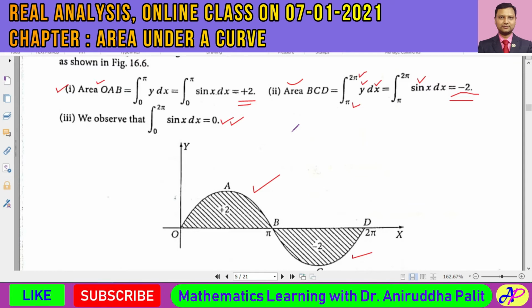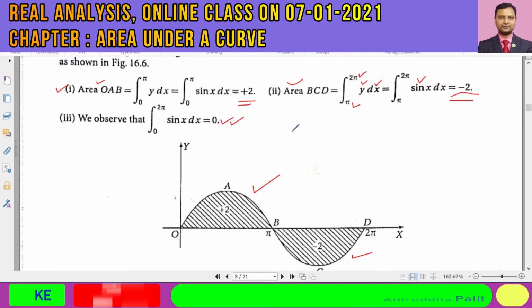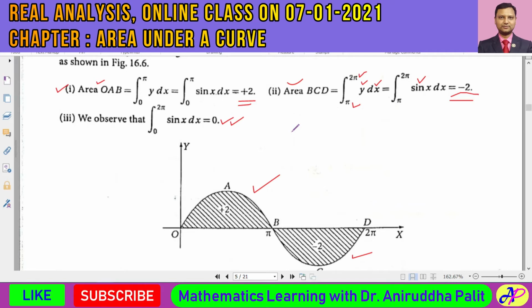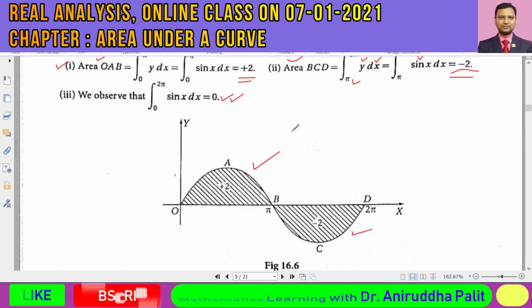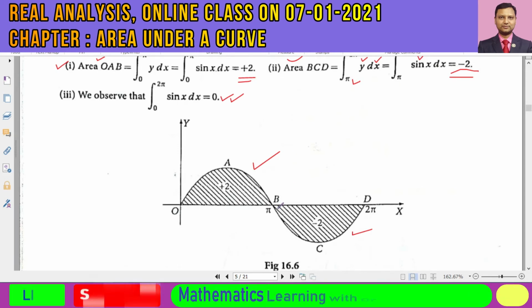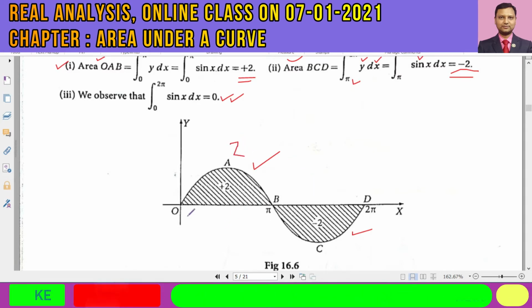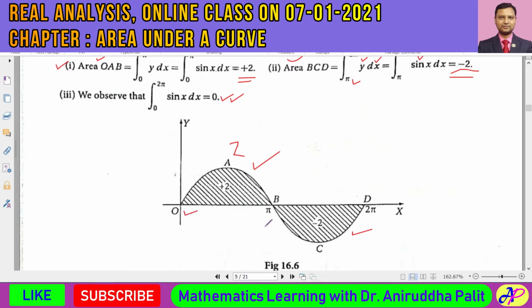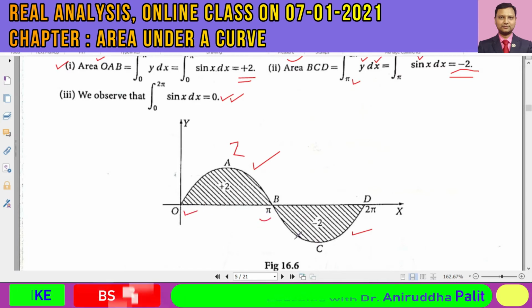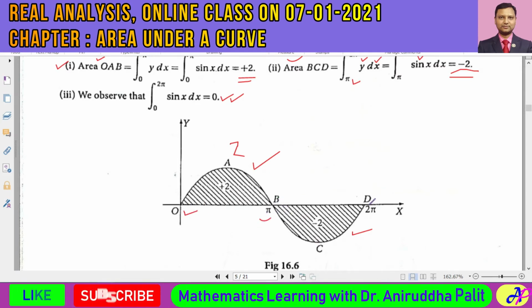But that would not be the exact measure of the area. In order to measure the area, we will have to consider the absolute value, or the modulus value. Absolute value means modulus value. So over here, we get the 2-unit area between x equal to 0 to x equal to pi, and between x equal to pi to twice pi, we get minus 2 unit of area whose modulus is equal to 2.